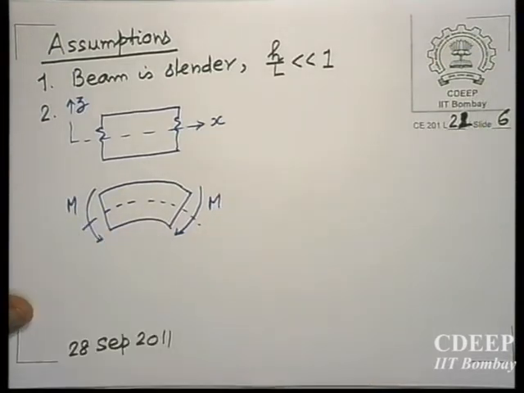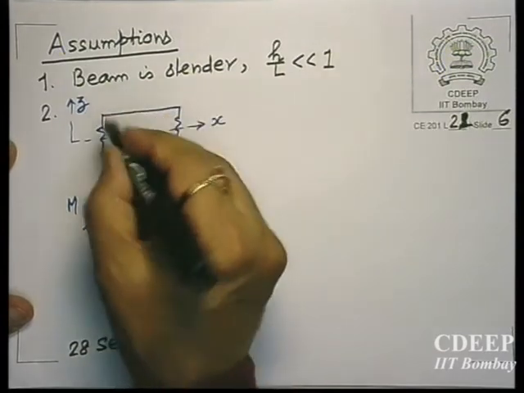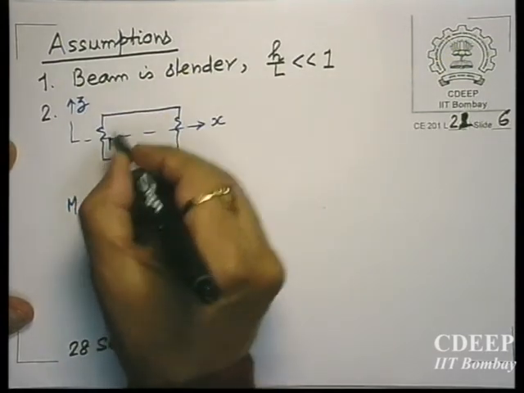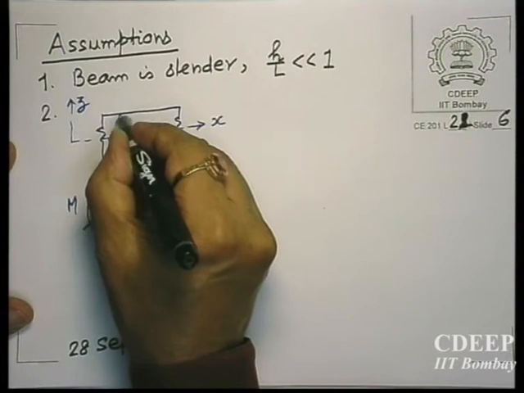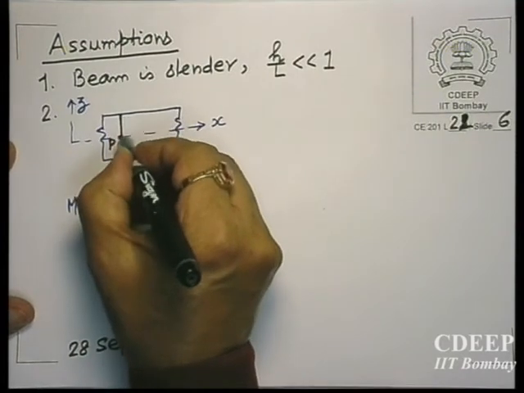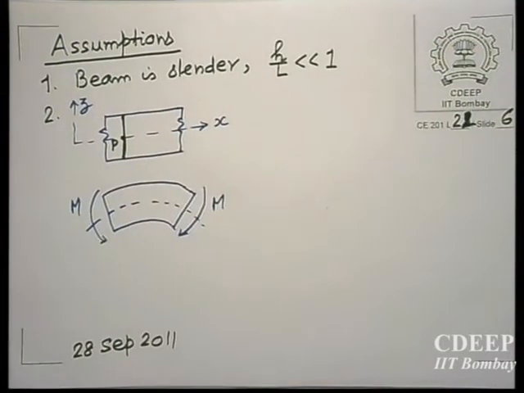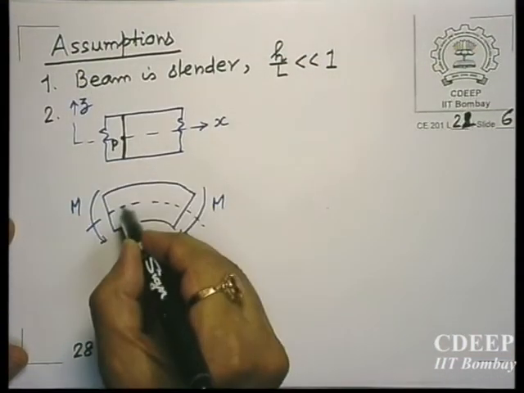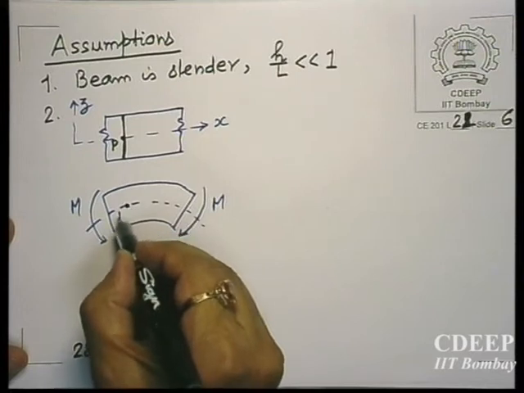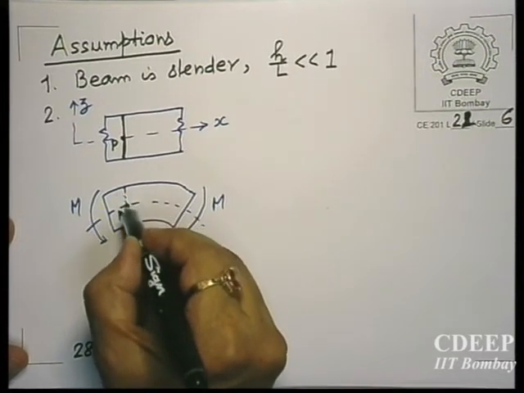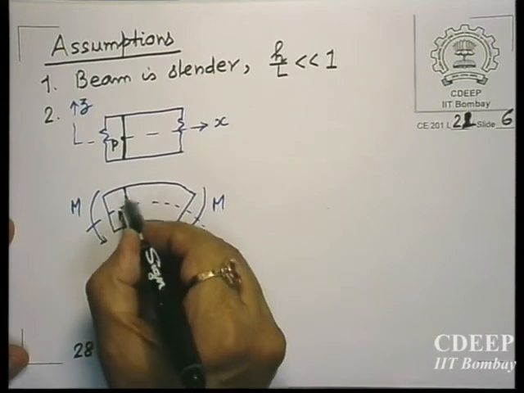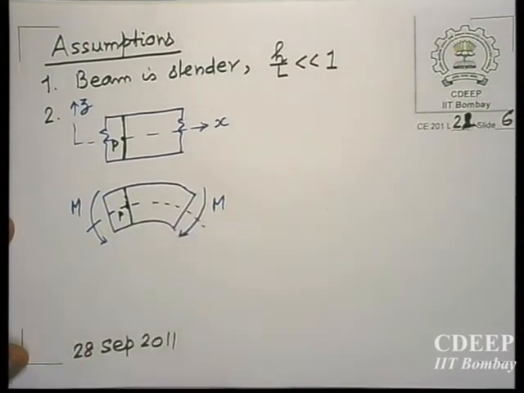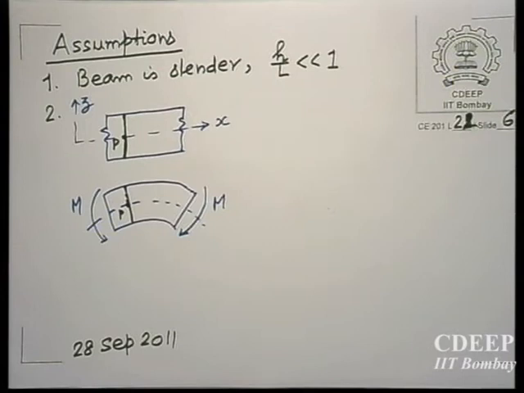What they said, that if you have a point P here, originally this vertical line is called the transverse normal. You draw a line perpendicular to the x axis originally. Now what will be the shape of this normal? So P comes here, and this normal will assume a shape like this after the load or bending moment is applied.